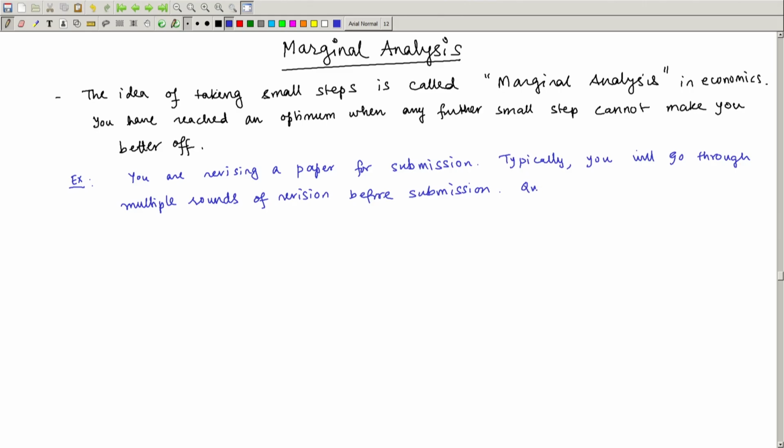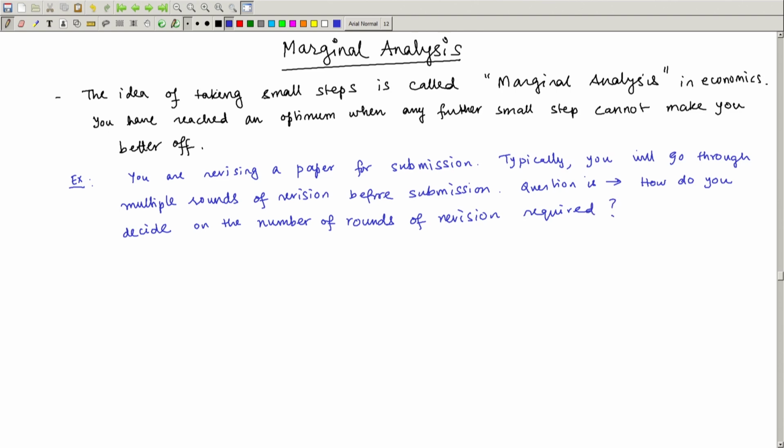So, the question is, how do you decide on the number of rounds of revision? Should it be 3 rounds, should it be 4 rounds, or should it be 7 rounds of revision? How do you decide on the number of rounds of revision required? And I claim that marginal analysis will be useful for us to answer this question.